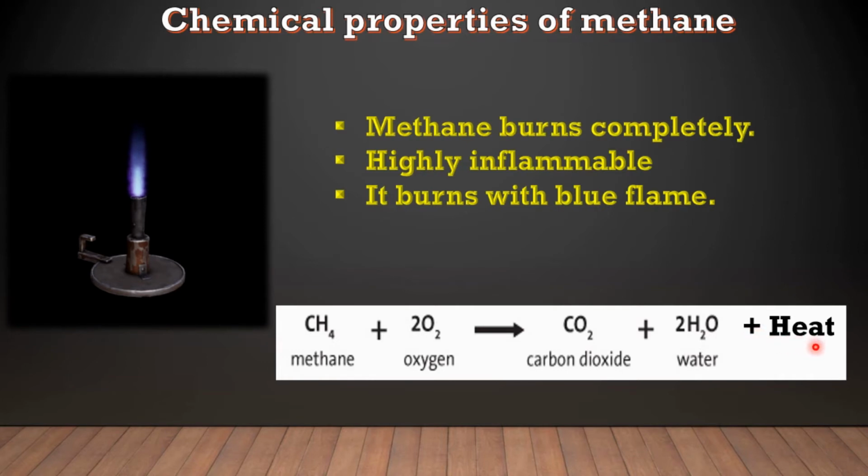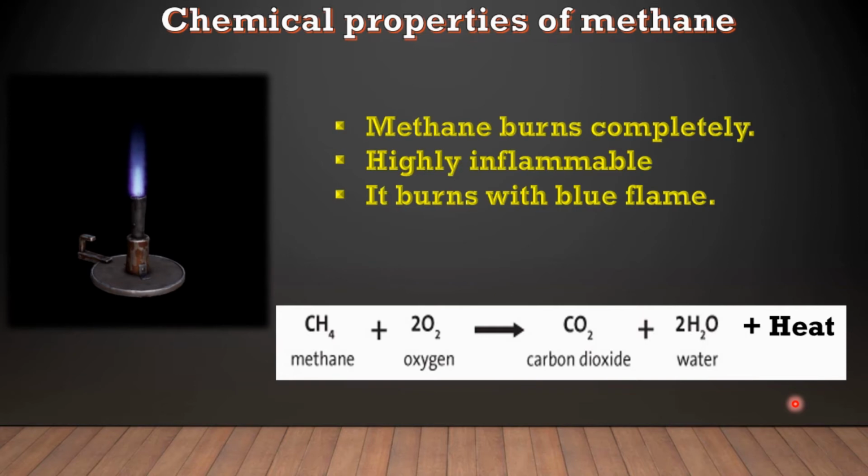As a lot of heat is released in this reaction, methane is also used as a great fuel source. In this reaction, about 213 kilocalorie per mole of heat is given out.